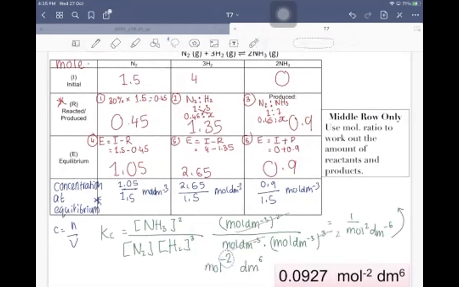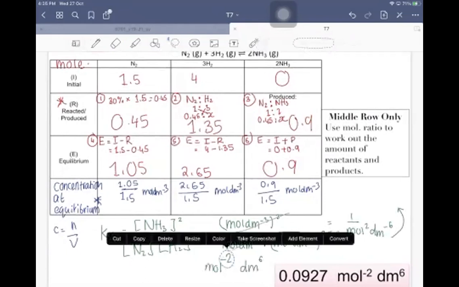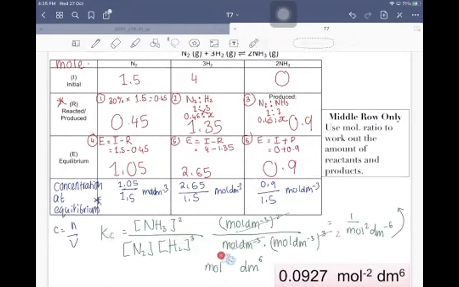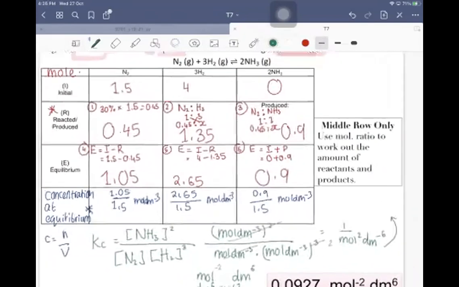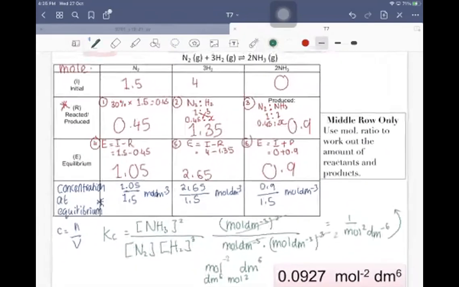Sorry, I drew it too big. Okay, mole minus 2 dm6, or there's another way of writing this down, dm6 mole square. Please put the numbers into your Kc expression and see that you can get the numerical answer of 0.0927.